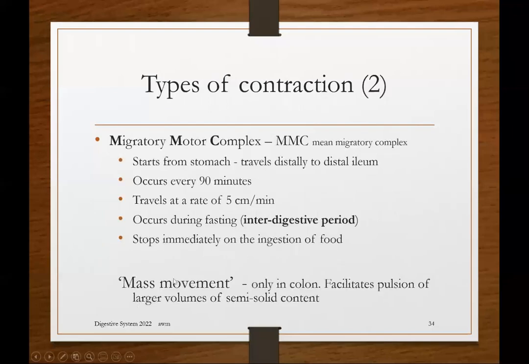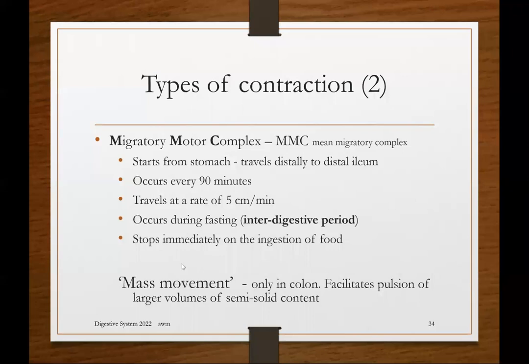Other types of contraction, okay? So remember, segmentation is only found in the small intestine to facilitate mixing, chemical digestion, and absorption by slowing down the rate at which the contents are going to travel.